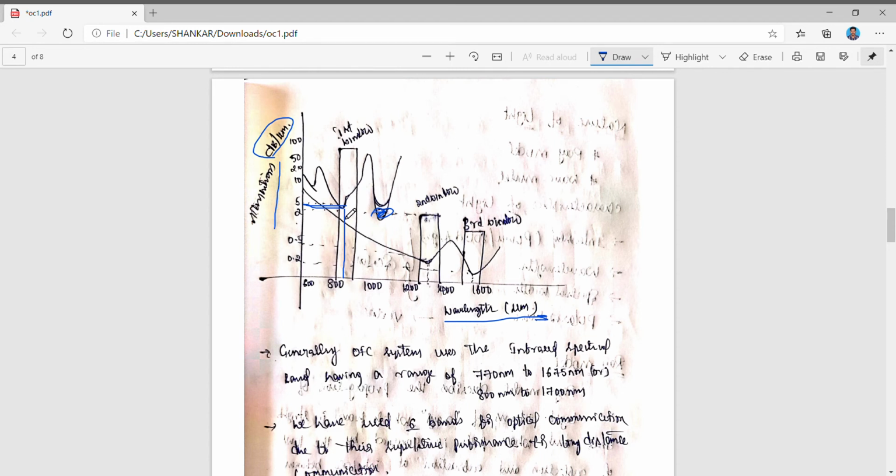I am talking about the minimum attenuation there. At wavelengths other than 850, the attenuation of the signal is very high.